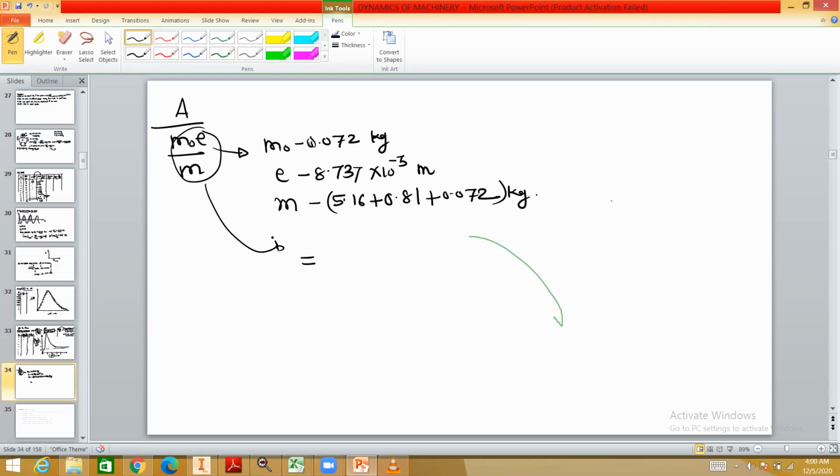So that is equal to 1.041 times 10 to the power minus 4.